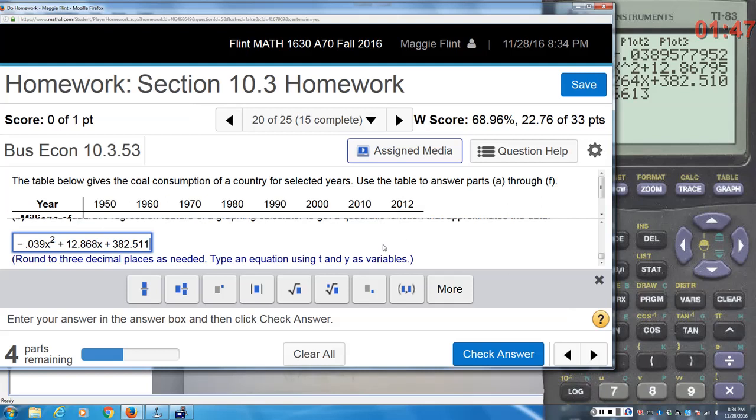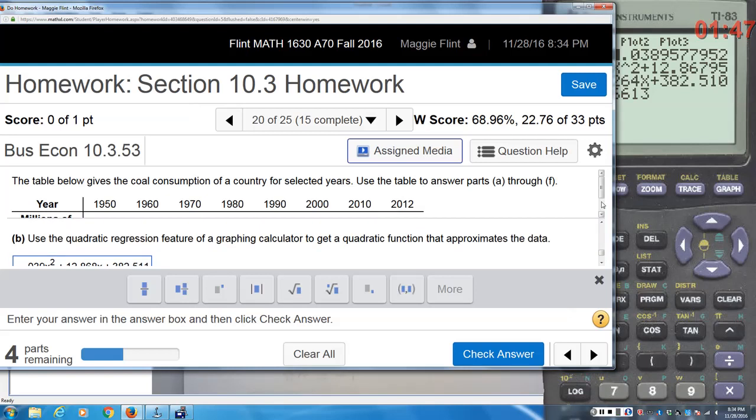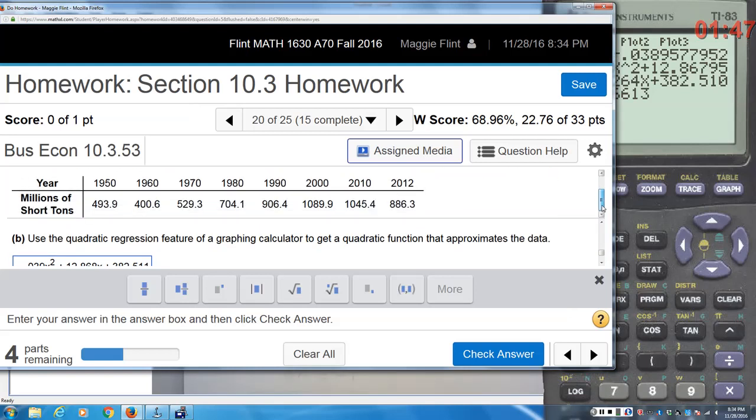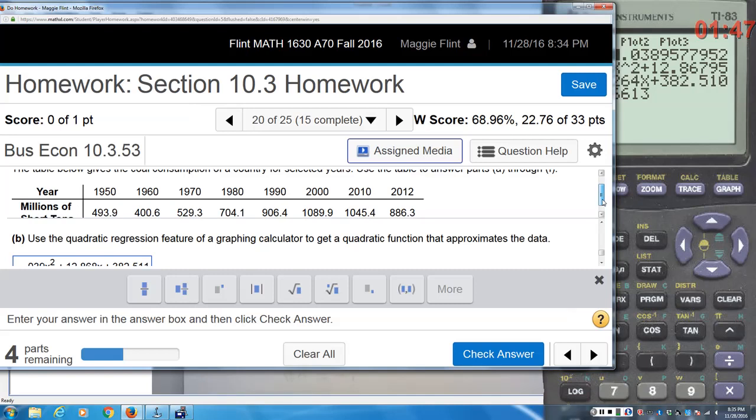Using t and y as variables. Uh-oh, it'll count it wrong. Yeah, it will. Okay, so that must be t of y and y.